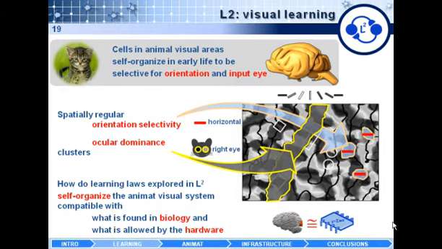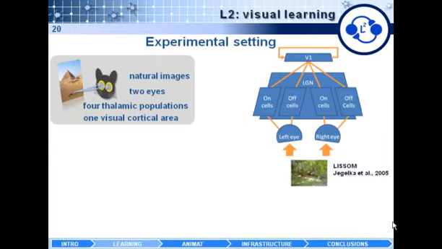So the idea here was to test whether some of these learning laws can be used in order to reproduce some basic visual plasticity examples while also respecting the constraints of the hardware. These are the experimental settings. We start from a set of natural images which are fed to an artificial visual system consisting of two retinas connected to a thalamic nucleus, or a subcortical nucleus, which is itself split into 4 different nuclei, which then feed to a simulated cortical area where the map that I just showed you is supposed to develop.